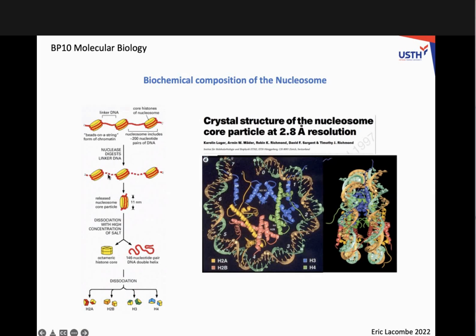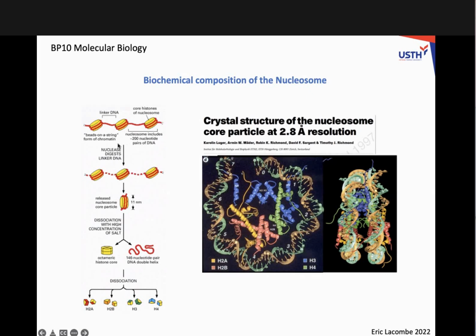You've got random cuts everywhere in the DNA, everywhere the nuclease can have access. It means that the nuclease can cut only in the piece of DNA where there is no histone core, because the presence of the protein, and you see here on the right, the histone octamer, completely protects the DNA from being cut by the nuclease.